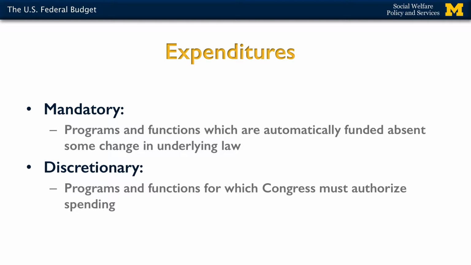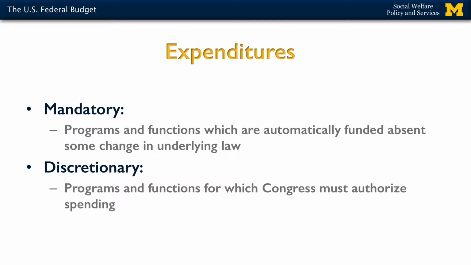To have this designation, a law must have been written that sets aside a certain program or function as one that must be mandatorily funded, and it will always be a mandatory funding stream unless there's some change made to the underlying law. Everything else is discretionary spending, and this is for programs and services that Congress has to authorize the funding through what is known as the appropriations process.